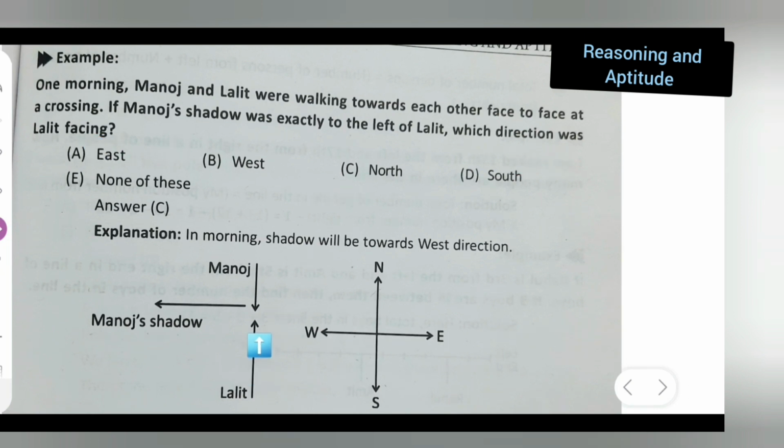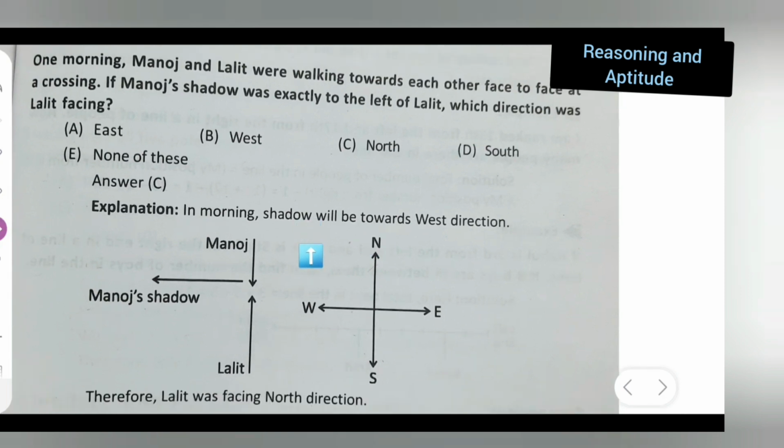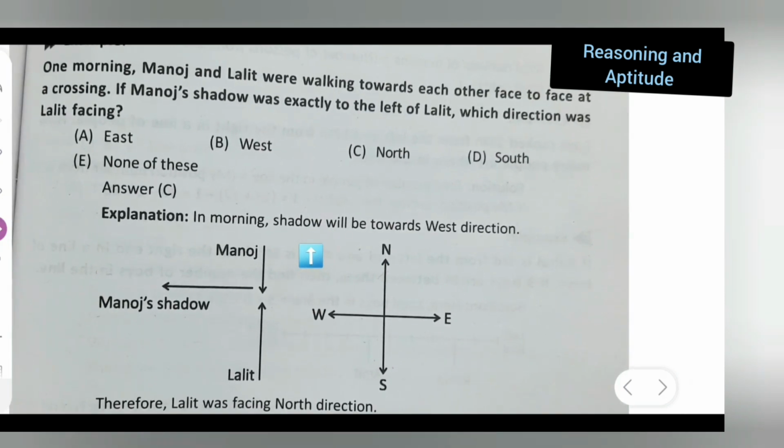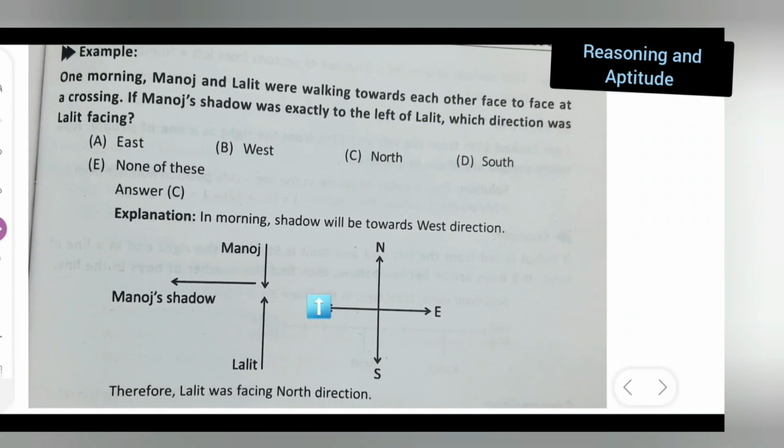Obviously Lalit was facing towards the north direction. He will be facing north, right? It is given over here. I hope you all can see this clearly. You all can write down: therefore, Lalit was facing north direction. So which is the correct option over here? Option C is the correct option, north direction.